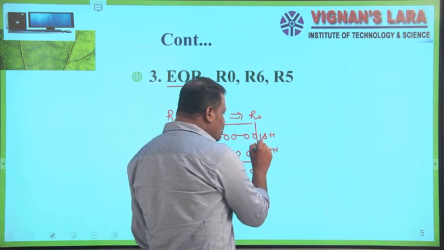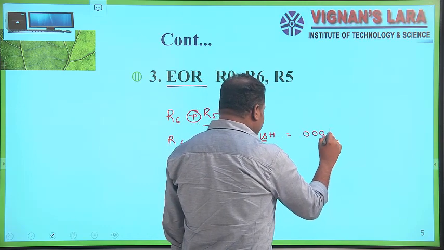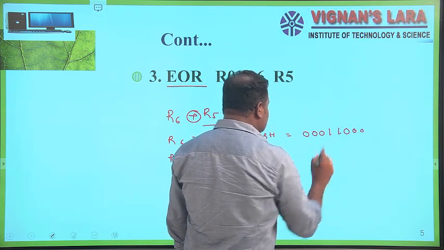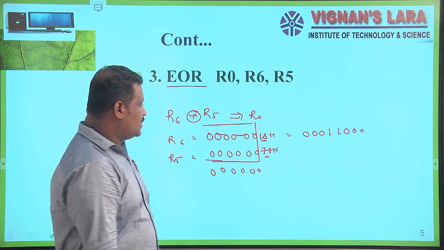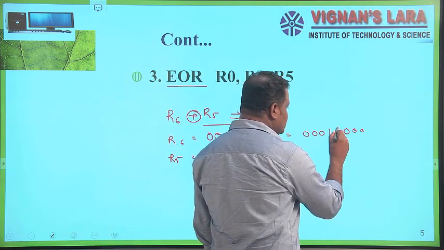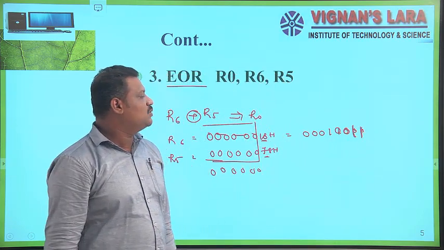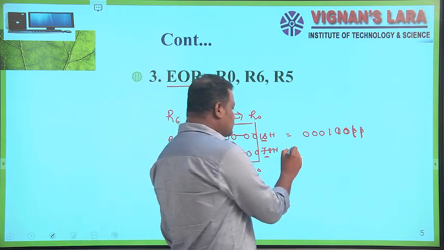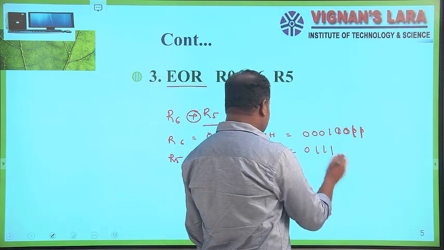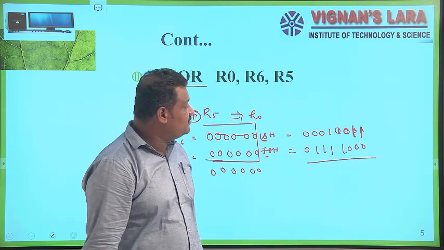I would like to focus on the last two digits. Here it is 13, whose binary value is 0001 0011, and 78 is equal to 0111 1000. Now do a logical XOR between these two.